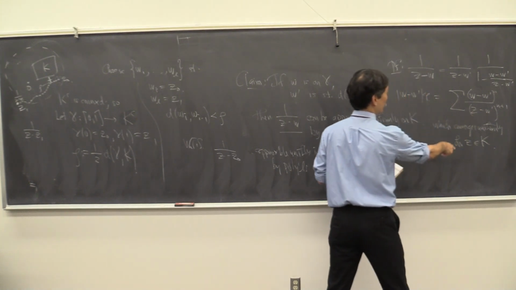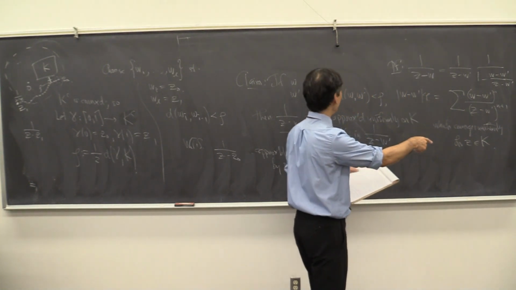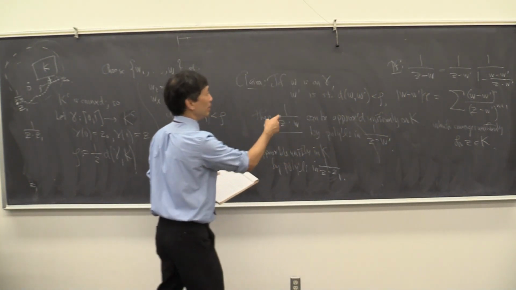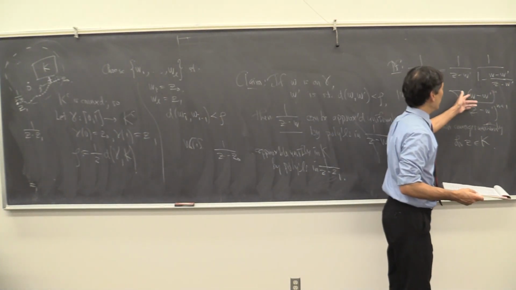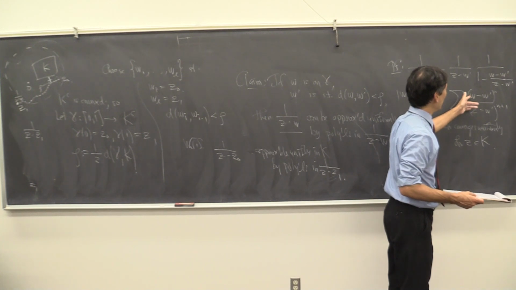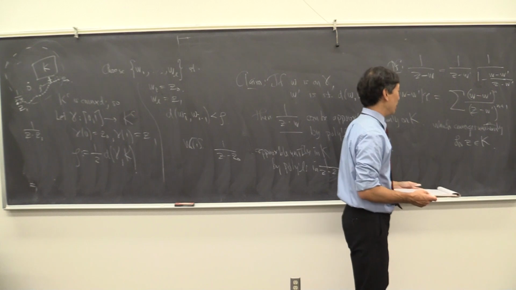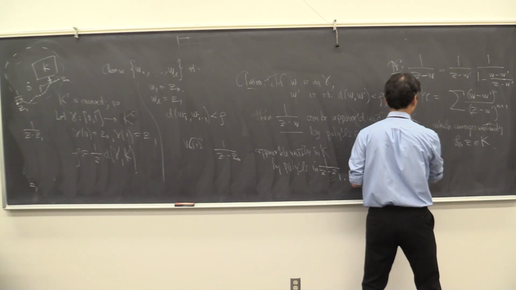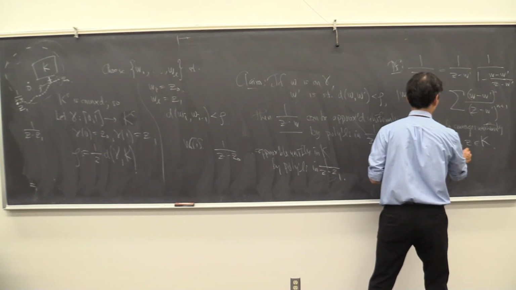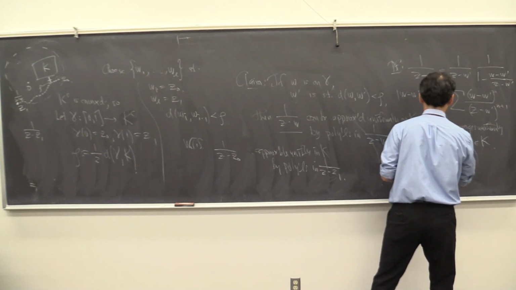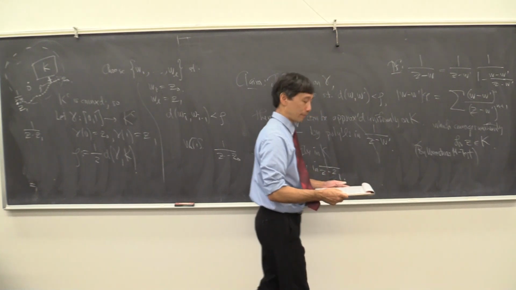The distance from z, well, z is in K, the distance from z to w prime is going to be bigger than rho. And so we're going to have the Weierstrass M test again. So by the Weierstrass M test we get the uniform convergence.